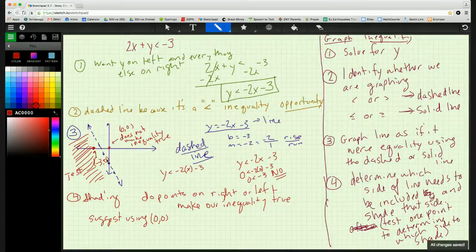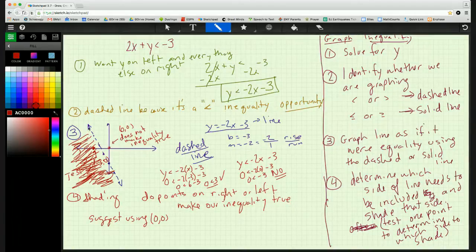So our y is 0. Is 0 less than negative 2 times negative 3 minus 3? Is 0 less than 6 minus 3? Is 0 less than 3? Yes, it is. So the point negative 3, 0 does work, and that also means that every point over here will work. And so that's how we answer our question. We have graphed our inequality.